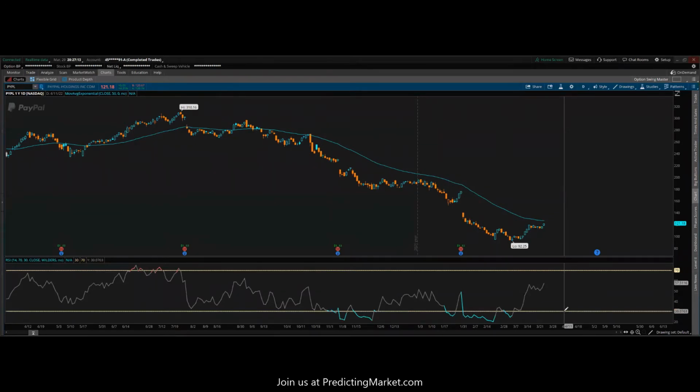The difference is, when I say overbought, the stock has been held by multiple people.